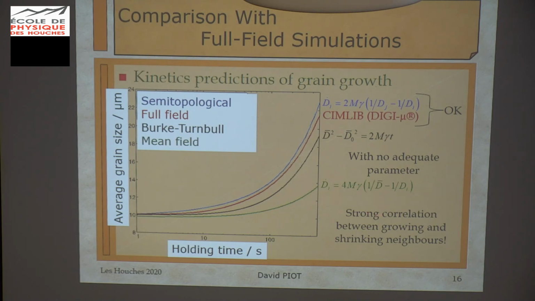You can compare with the standard mean field model, which is much lower. And here you have the Burke-Turnbull estimation. All these computations are made using exactly the same M and the same gamma, so there is no adjustable parameter here. So it's possible to directly compare the results. And the conclusion is that we have a strong correlation between growing and shrinking neighbors in the microstructure, which is quite normal.